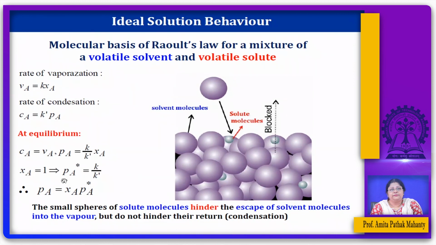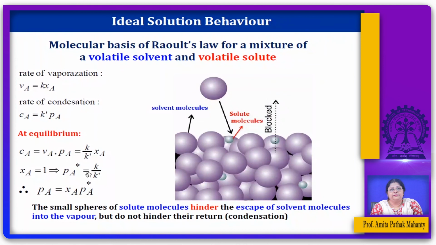Now, if I say the mole fraction is 1 under the limit, what does that mean? When will the mole fraction be 1? I put the mole fraction to be 1, then this becomes P star, right? Because that is the vapor pressure of the pure component.